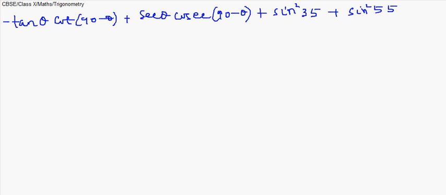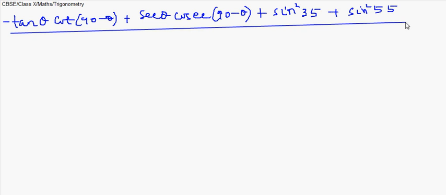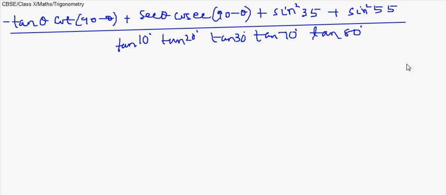This whole is divided by, don't go by this tilted line a bit, tan 10 degree, tan 20 degree, tan 30 degree, tan 70 degree and there is a tan 80 degrees. How do we take this up?